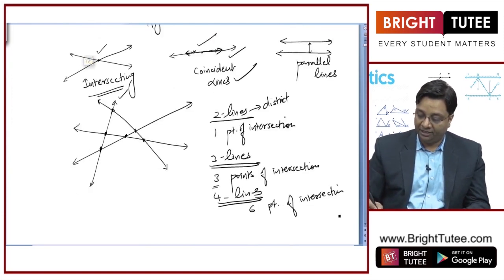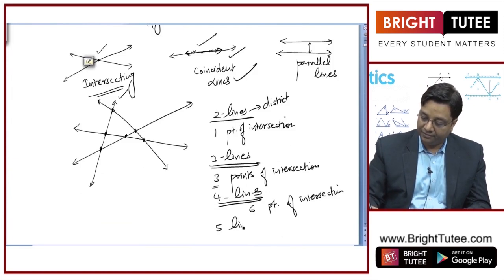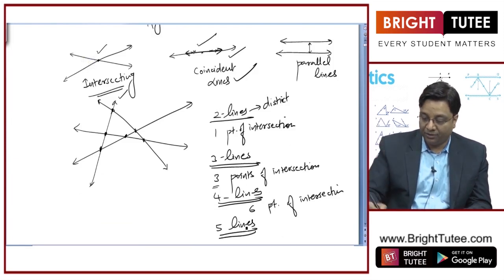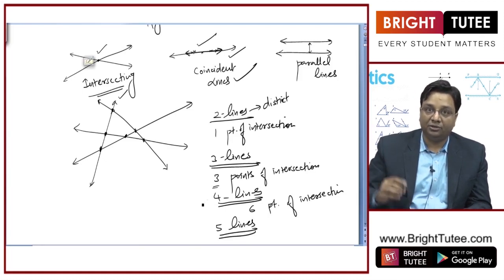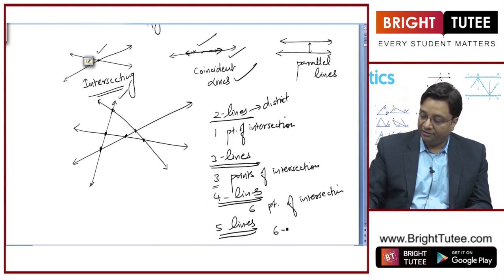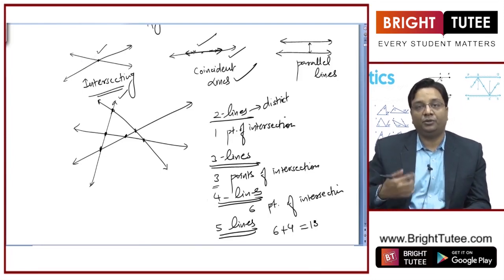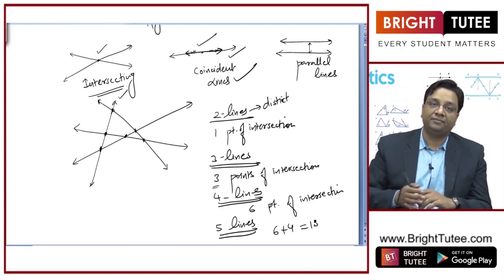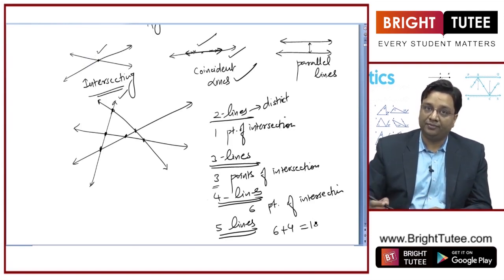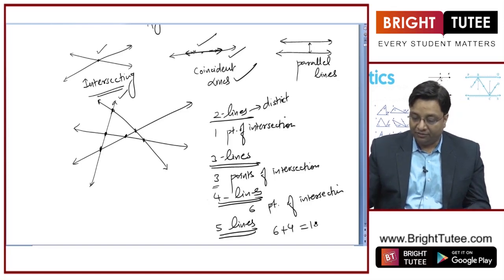Similarly, 5 lines: this fifth line will intersect the 4 lines that we already have, so it will bring 4 more points of intersection. So it will have 6 plus 4, 10 points of intersection. You can keep extending this logic and find the points of intersection for as many lines as you want.